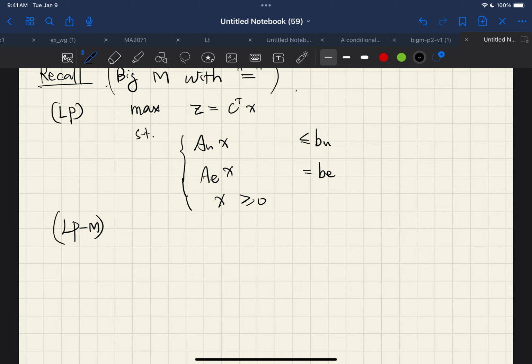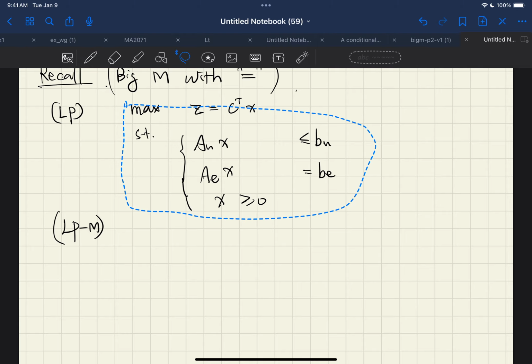So what it means is we can just copy the whole thing and add artificial variables.